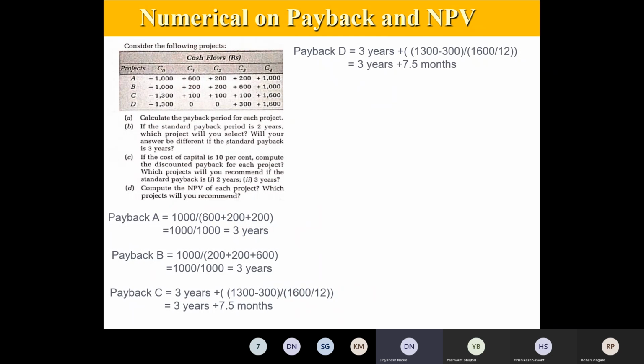See, payback period method focuses on recovering the investment as early as possible. So short term risk is addressed there, short term profit is also addressed. These are certain advantages we had seen, no? So smaller the payback period, better it is. So if the standard payback period is 2 years, which project will you select?